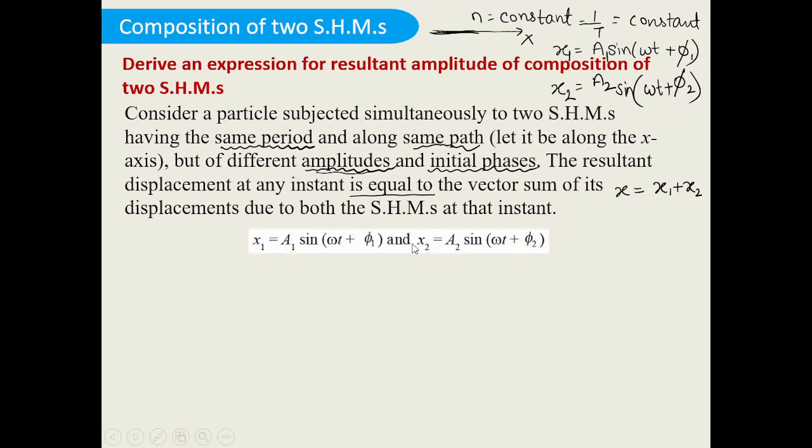The two equations are x1 equal to a1 sine of omega t plus phi 1, and x2 equal to a2 sine of omega t plus phi 2. I request you all to please pause the video and write all these things. I'm moving to the next part.